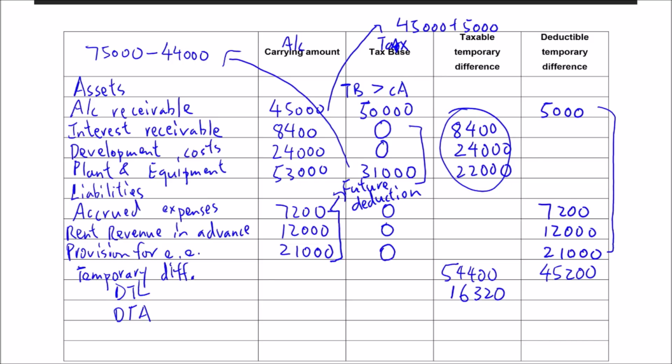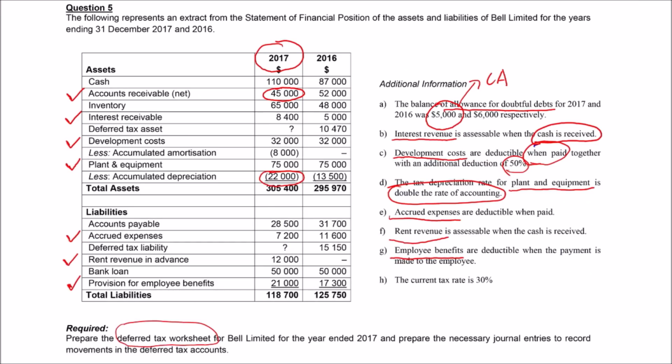In terms of DTA, 45,200, 30% of that is 13,560. And very important, what we calculate here is going to be the end balance, which means that the 16,320 and 13,560 will become the balance of the question mark there.